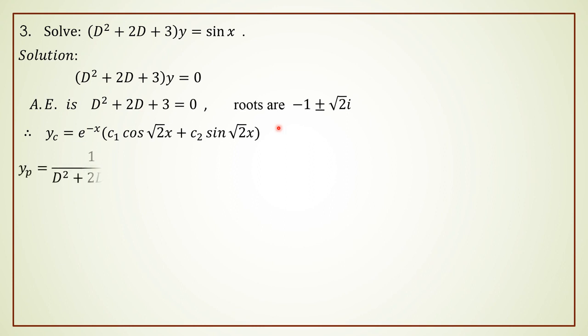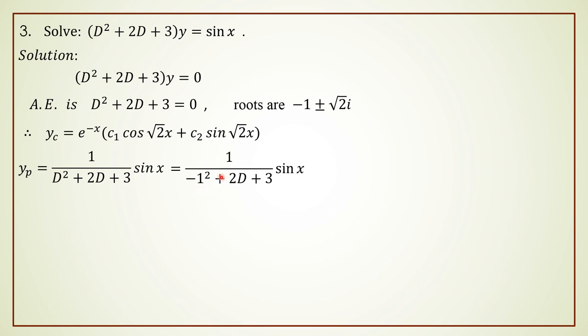Now let me obtain the particular integral. The particular integral yp is equal to 1 by D square plus 2D plus 3 acting on sin x. Just observe, students, what is the value of a over here? The value of a is 1, right? So just replace D square by minus a square, as in this case you replace D square by minus 1 square.